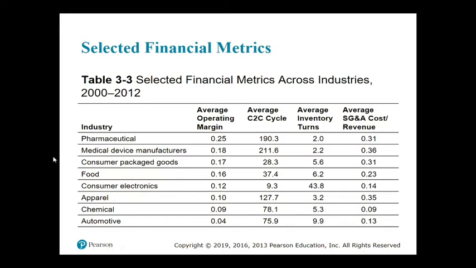So for example, pharmaceutical companies tend to have a very long C2C cycle compared to consumer electronics, which has a very short C2C cycle. And on the other hand, pharmaceuticals have a much higher profit margin.